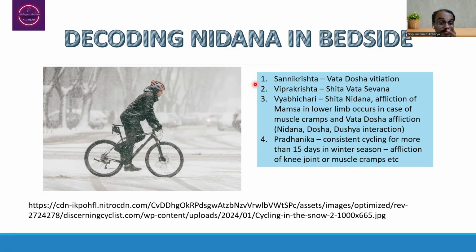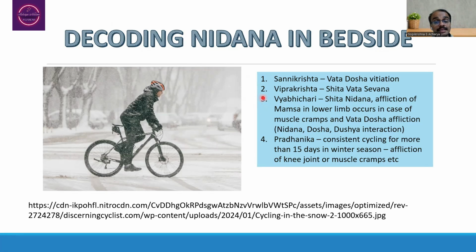Kapha dosha vitiation may not be evident because the nature of the cold air is Ruksha. And as far as Viprakrishta Nidana is concerned, it is Shita Vata Sevana. Whereas Sannikrishta Nidana is Vata dosha vitiation, Viprakrishta Nidana is Shita Vata Sevana.